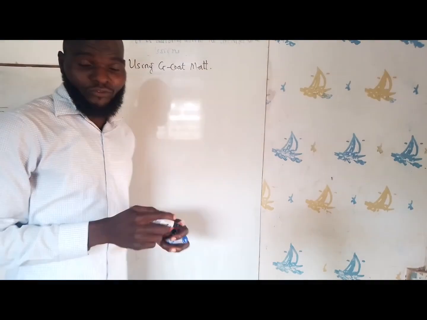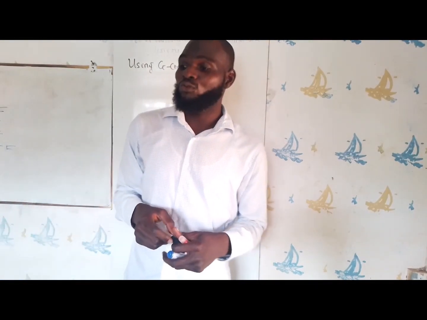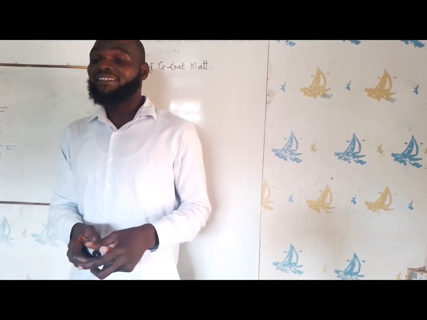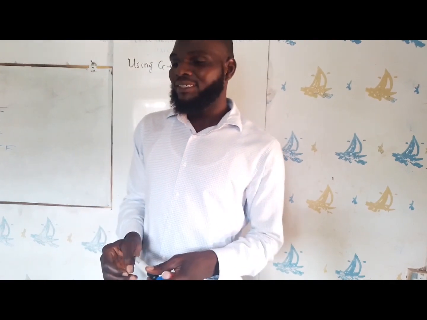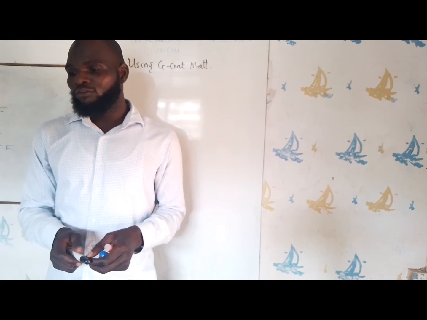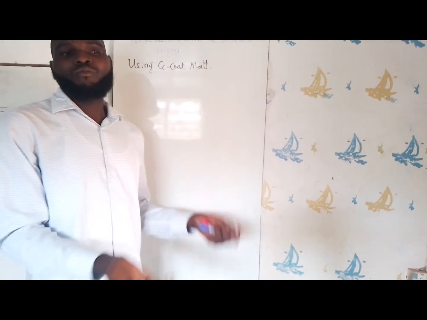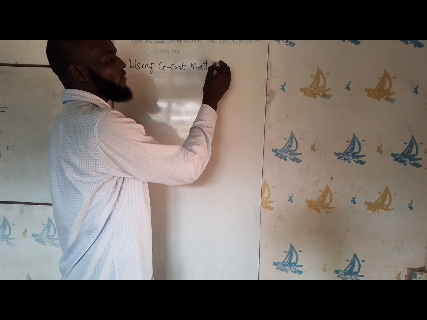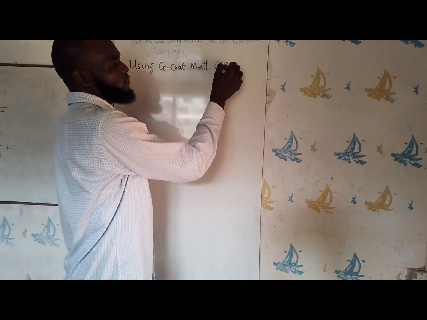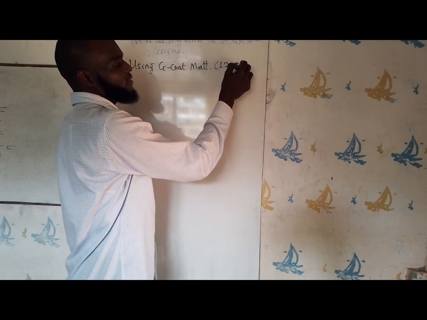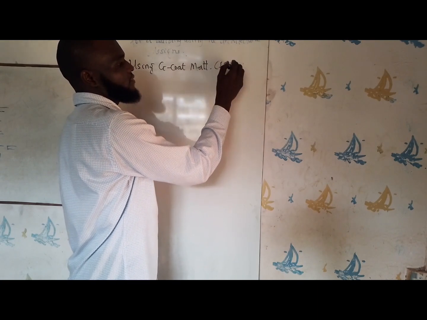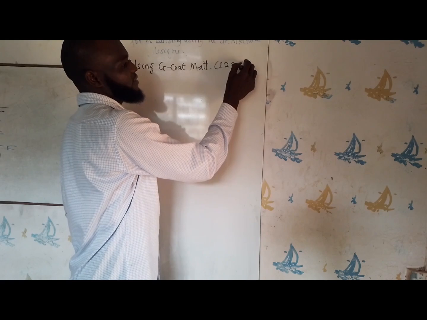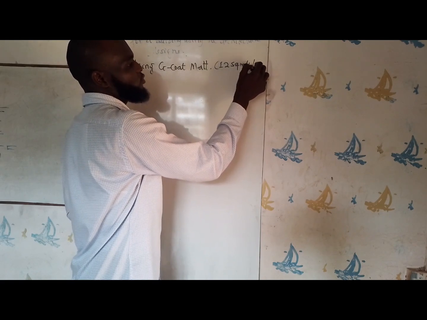What's the spreading rate of this G-coat matte? In case you don't know, we are the producer of G-coat paint. Our G-coat matte can cover between 12 to 13 square meters per coat. Let's just pick the lower one, 12 square meters per coat.